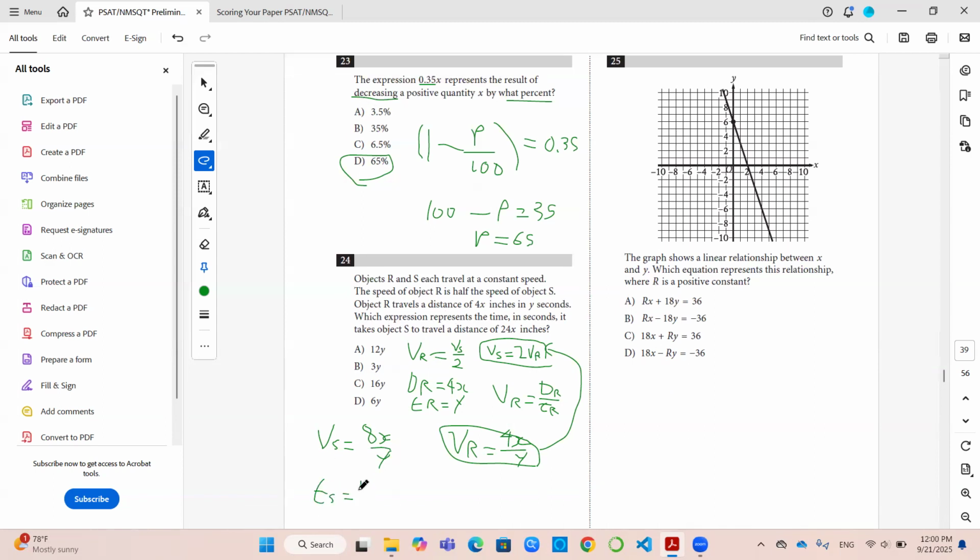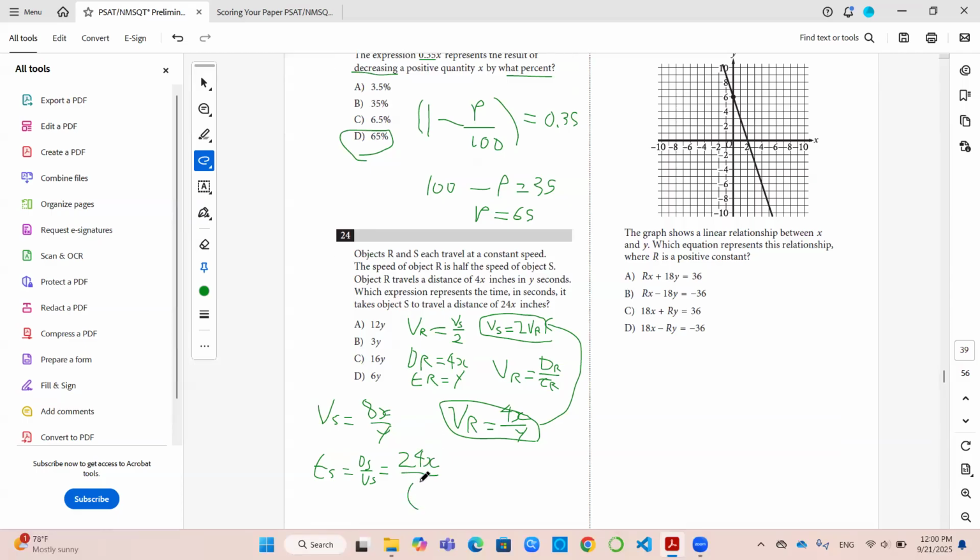So this is going to be DS over VS. So we're given the distance of 24x, and we know our speed, 8x over y. So this becomes 3y. So B is the correct answer.